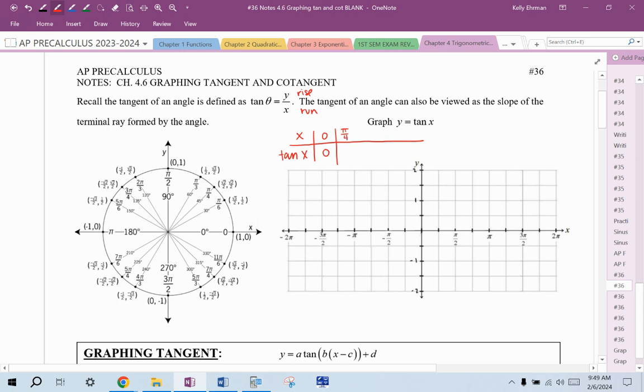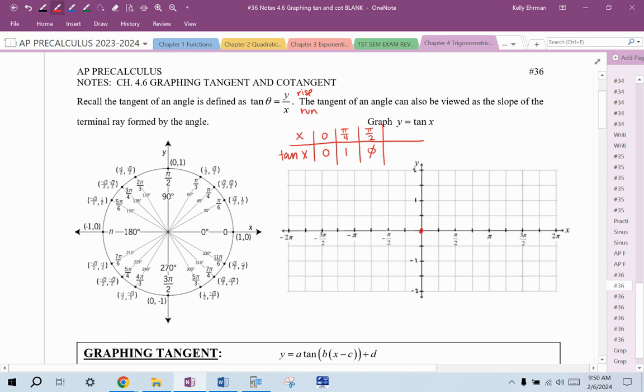I didn't do that for sine and cosine because those are not nice integer values, but the tangent of pi over 4, y over x, is equal to 1. We should know that from our speed quizzes. And then we'll hop up to pi over 2. Now at pi over 2, y over x is 1 over 0. That's undefined. We are going to plot more points, but let's graph what we have so far.